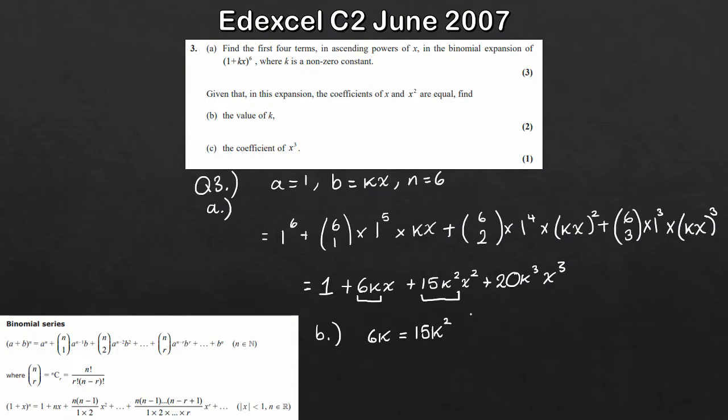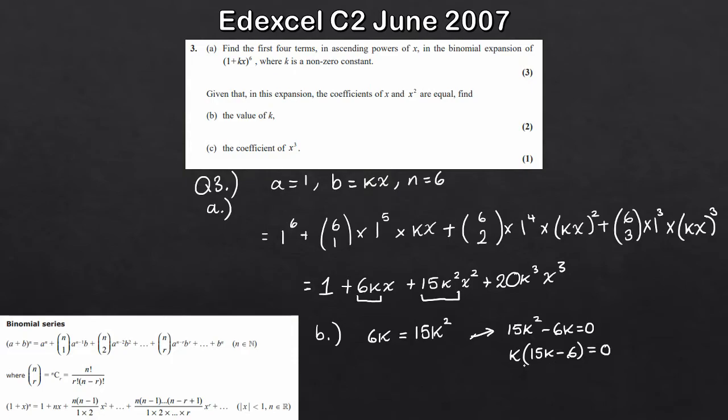If I subtract 6k off both sides, that gives us 15k squared minus 6k is equal to 0. I can factor out a k here, and I get k(15k minus 6) is equal to 0.